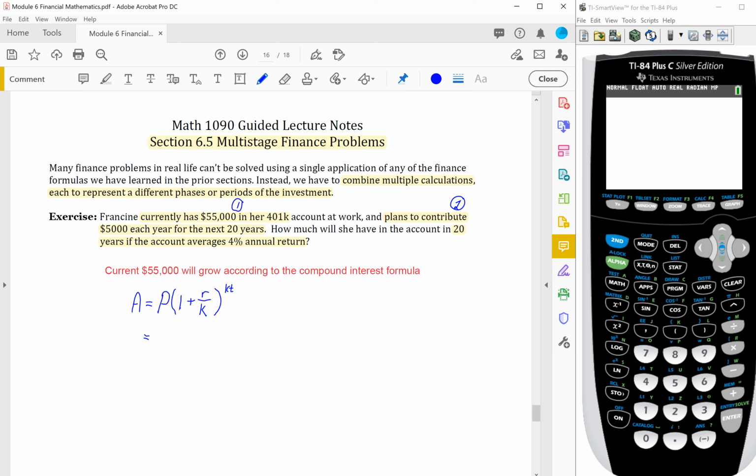And during this first period of her investment plan, she has that initial balance of $55,000. Oh, 55,000. I put 50,000.